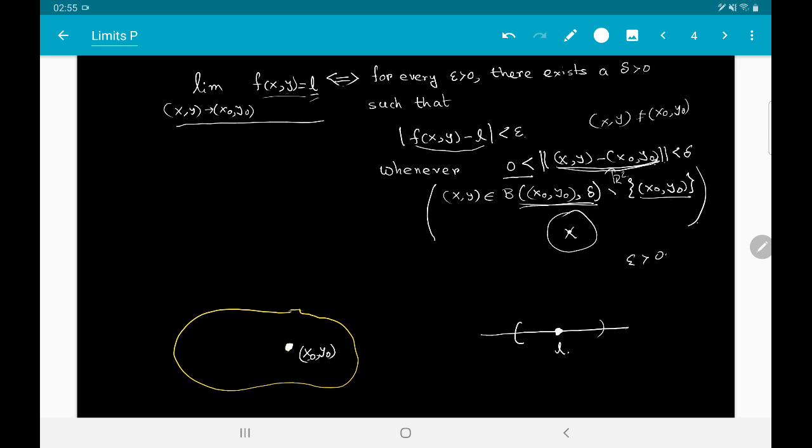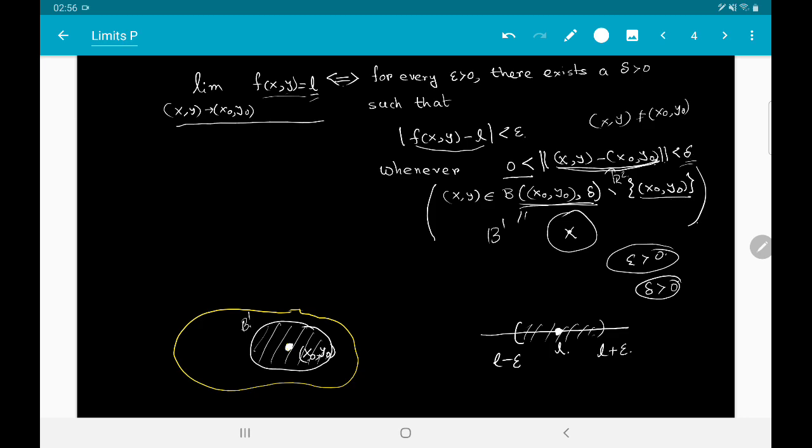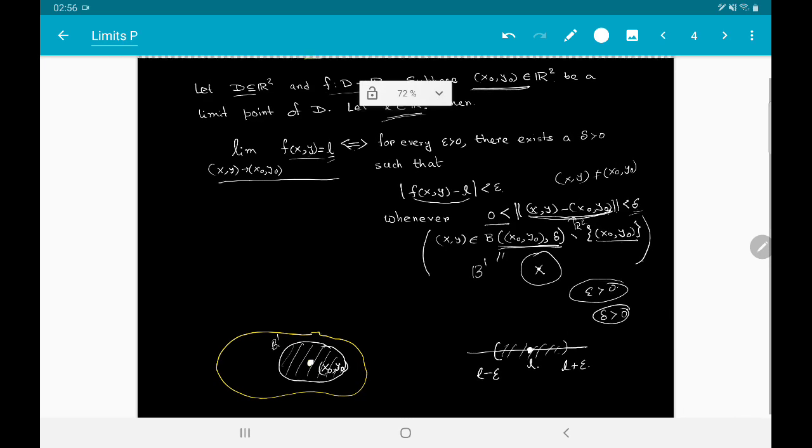I will construct this open interval L minus epsilon to L plus epsilon, and I will give you a delta which is bigger than 0. So you give me this epsilon, I will give you a delta such that what we call a punctured open neighborhood. So this is exactly this thing. If I call this B prime, I'll give you a B prime such that the image of this B prime is contained inside this interval. So this is all what epsilon delta definitions are.